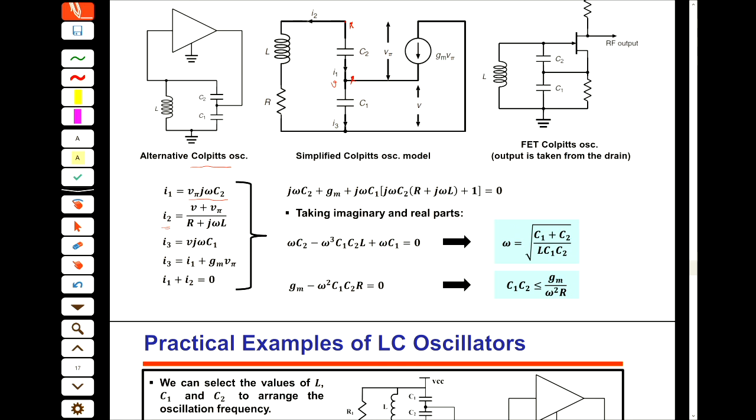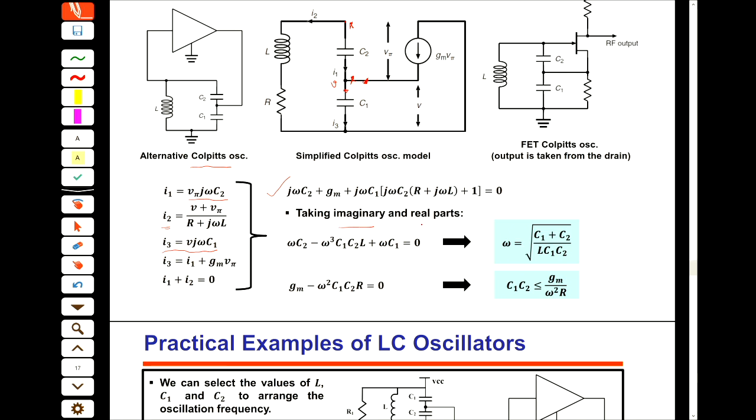I3 is simply from the voltage across the impedance, and also we know that I3 is I1 plus this current, which is gm V pi, and I1 equals minus I2. Based on all these, again, we can find one equation.